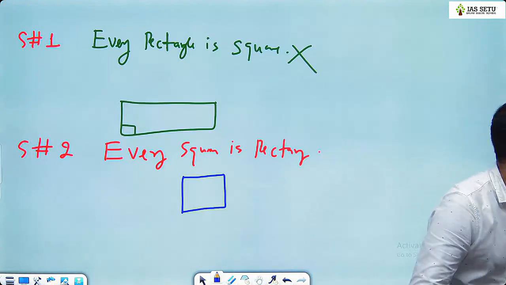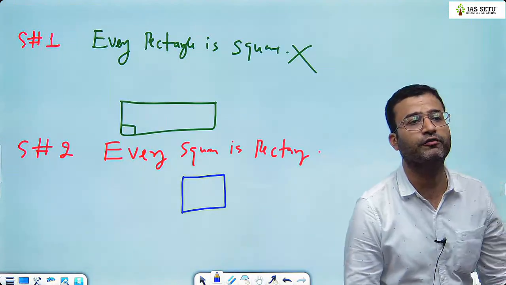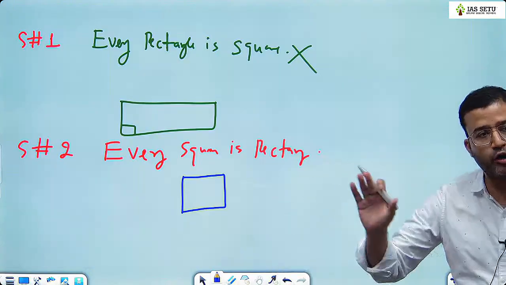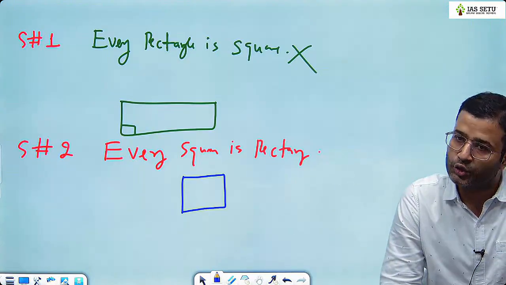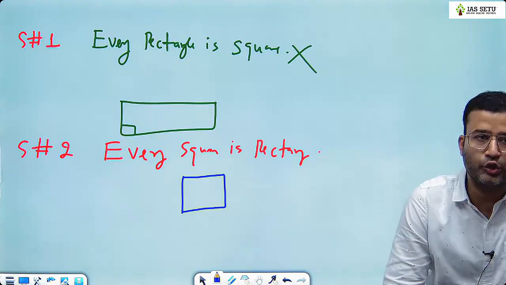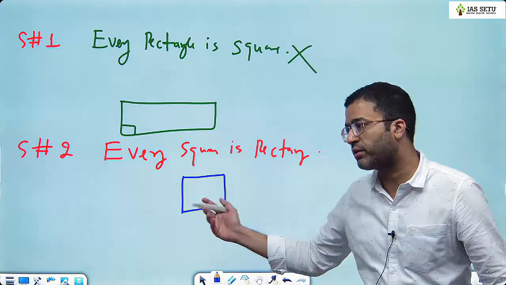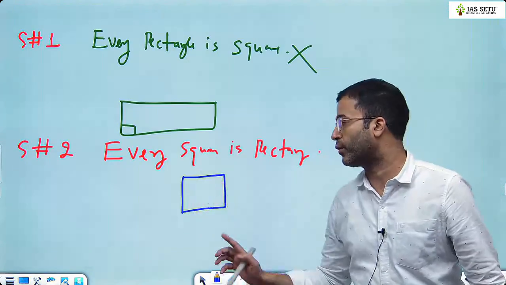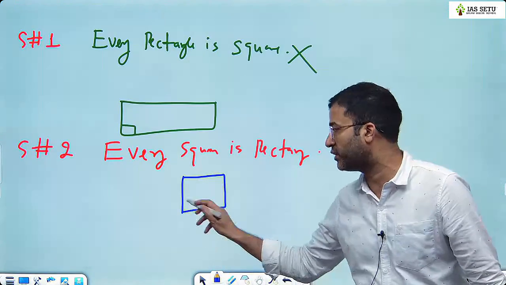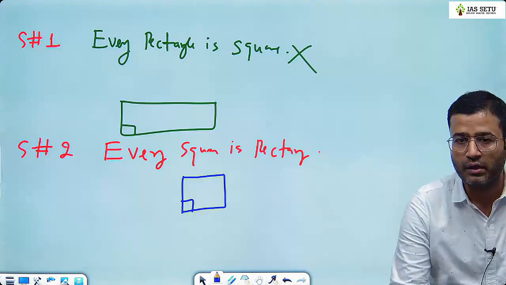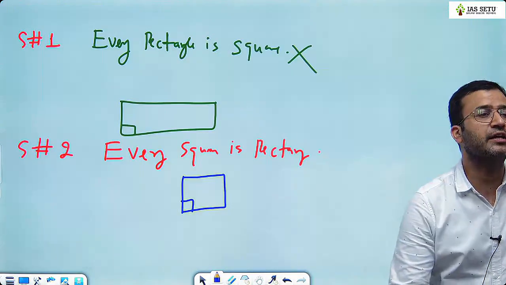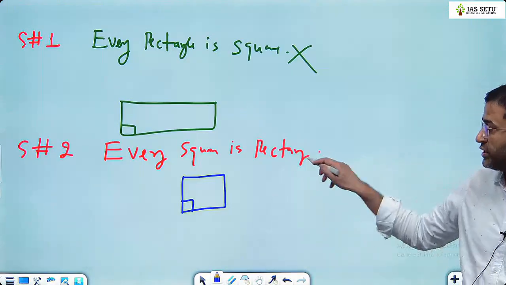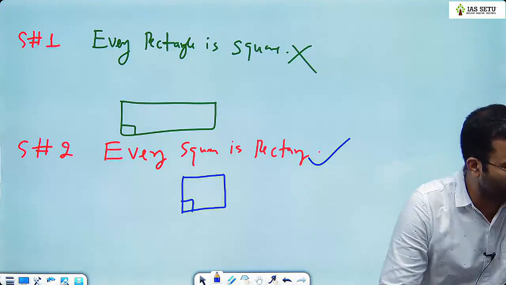Because it satisfies all the properties of a rectangle. Squares are also rectangles. Opposite sides parallel and equal, each angle 90 degrees. It is a special case where all sides are equal. So this is correct. You write: every square is a rectangle.